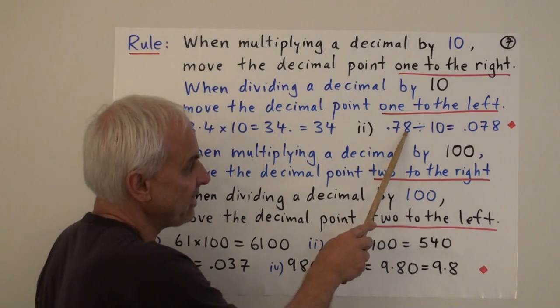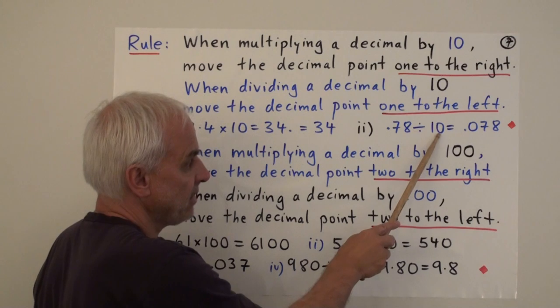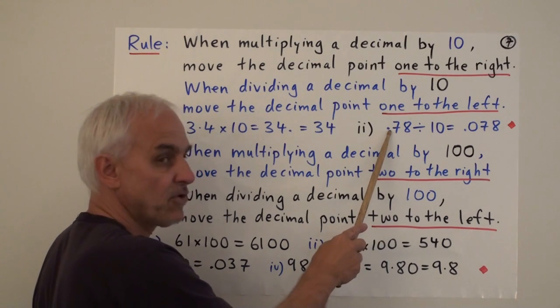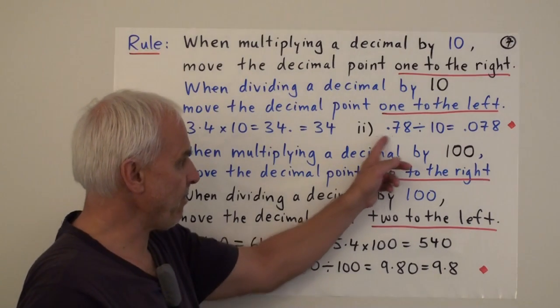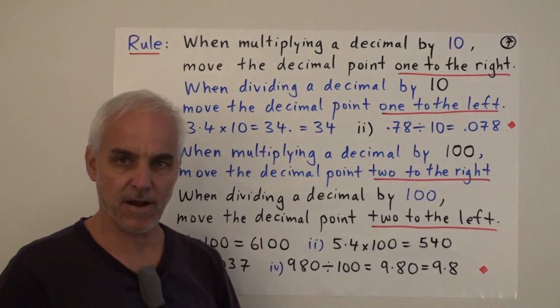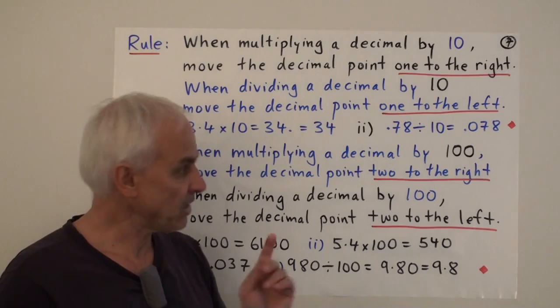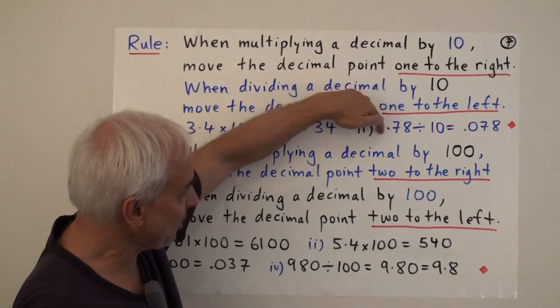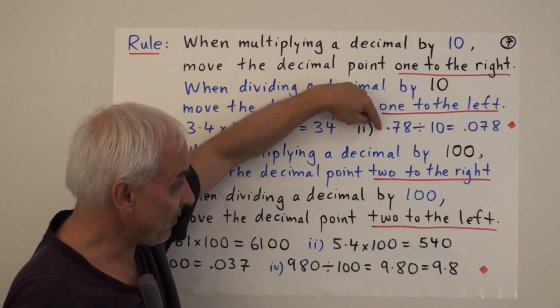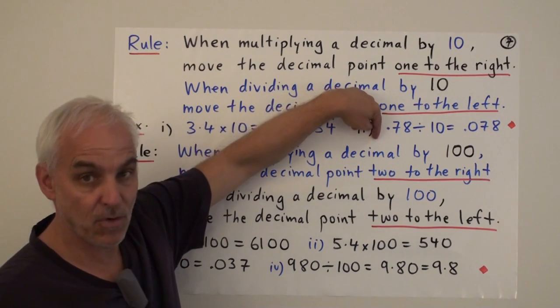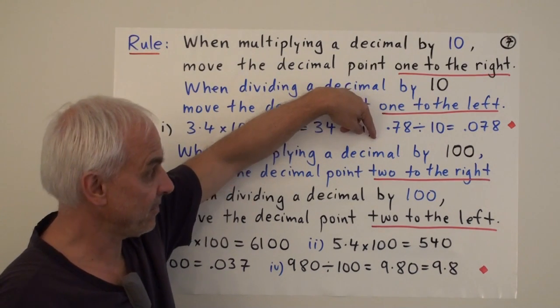So 0.78 divided by 10 is the decimal point, which is here, has to move to the left. Okay, that's a bit of a problem because there's no number to move there. So in such a situation we have to introduce, there's a 0 sitting here. The 0 doesn't have any effect, but it's a convenient placeholder if we have to move the decimal over to the left.